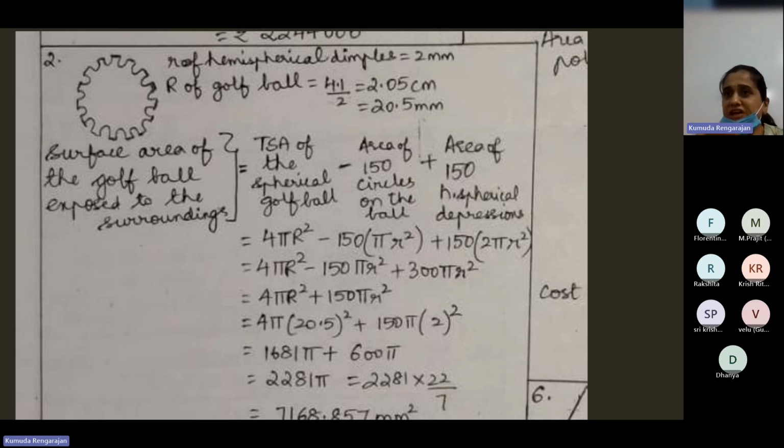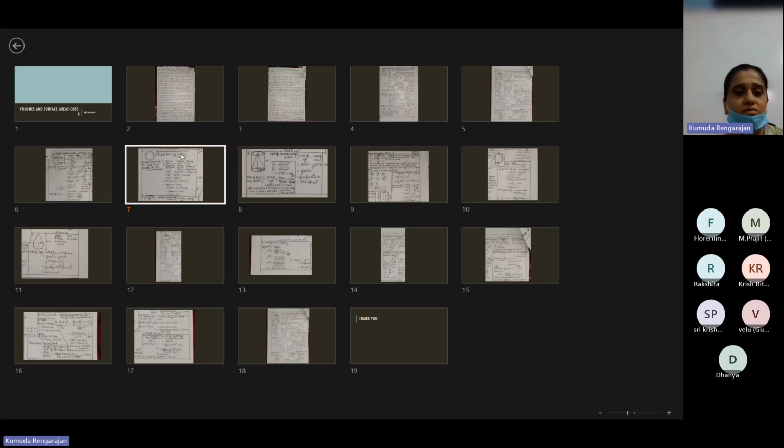The radius of the depression is in millimeter. The golf ball is in centimeter. Please convert centimeter to millimeter. So it is TSA of the spherical ball minus area of 150 circles plus area of 150 hemispherical depressions. Got that? Yeah, because I don't want you to take the calculations from the screen. Have a look. Okay, that's it. Yeah, please work.